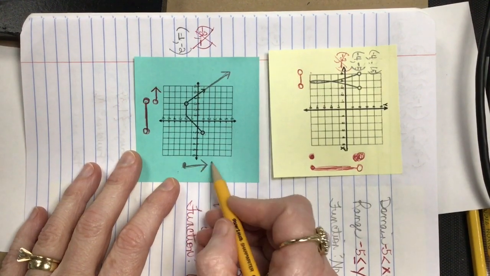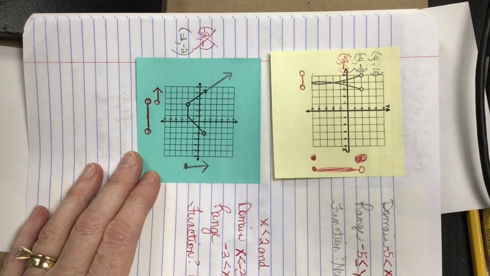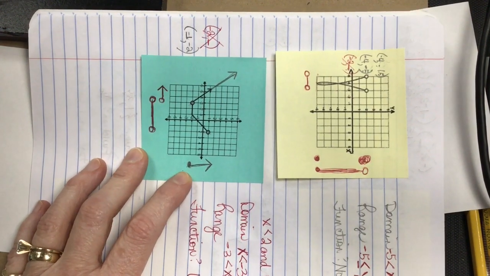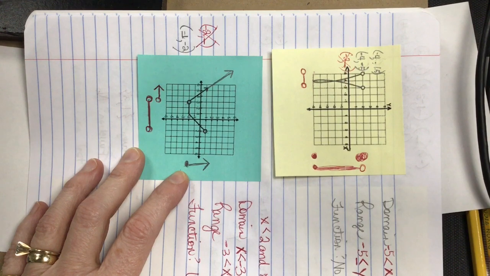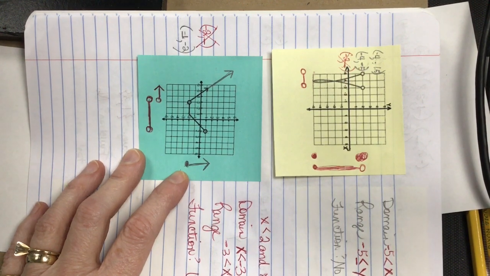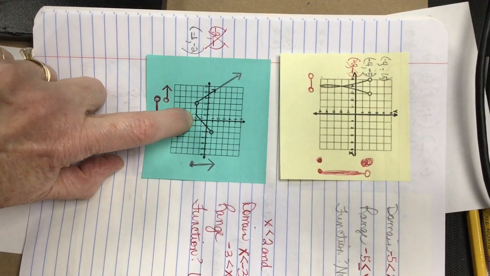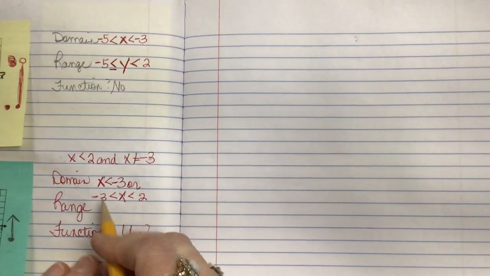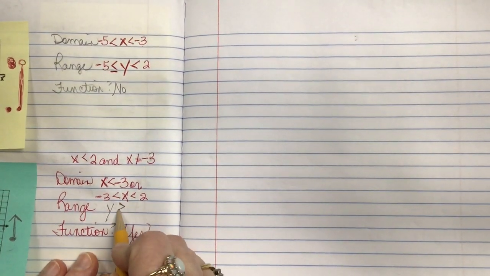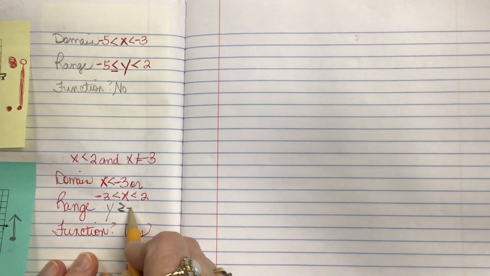So what is that graph? Y is greater than or equal to, what's that number? -2. Y is greater than or equal to -2.